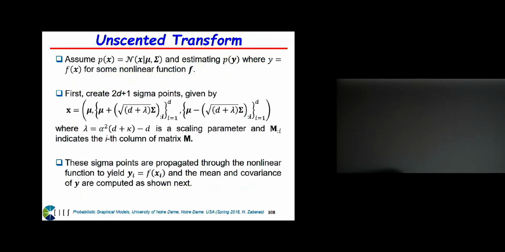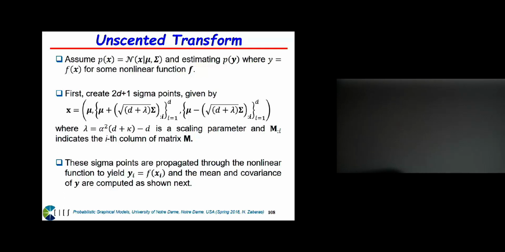Let's say you have a Gaussian, all right? This is the unscented transform basically that you have to use. If you have some distribution that fits a Gaussian, and you want to pass this through a mapping of the form y equals f of x, where f is a nonlinear function, you need to compute what are called sigma points, and these are constants basically that you can optimize, all right?